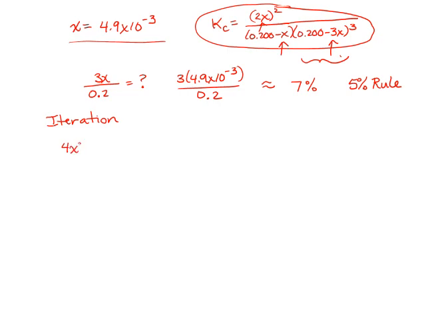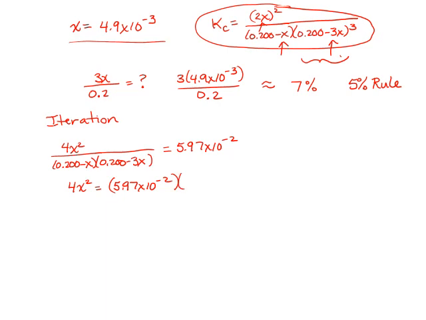So we have 4x squared over 0.2 minus x times 0.2 minus 3x should be equal to 5.97 times 10 to the minus 2. 4x squared, I'm going to bring the terms in the denominator over to the other side. Divide by 4 and take the square root to solve for x.